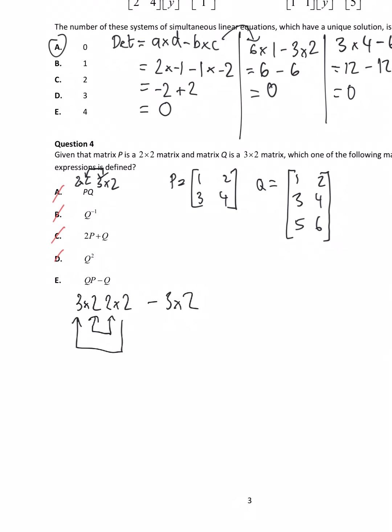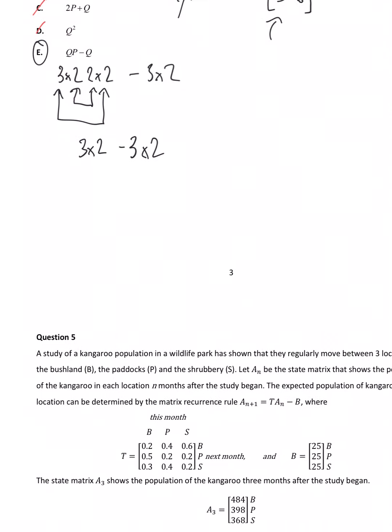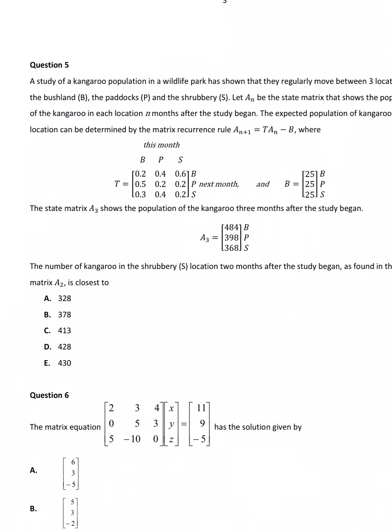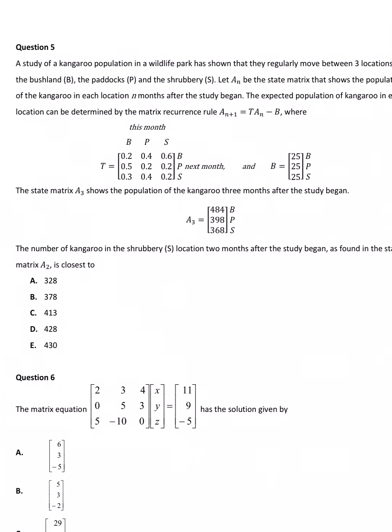The resultant will be the outside. So what we're going to have is a 3 by 2 minus the 3 by 2. So that'll work. Again, if you don't like it that way, just put in random matrices, define them, do them one at a time. That's fine.